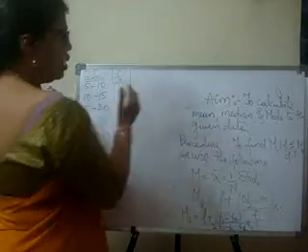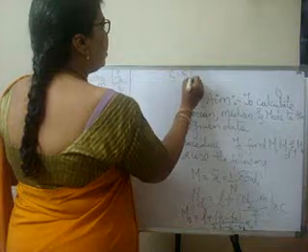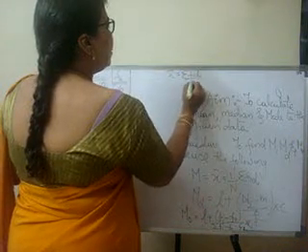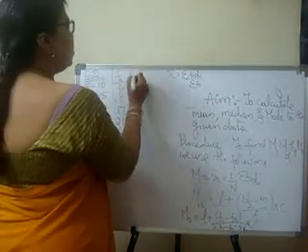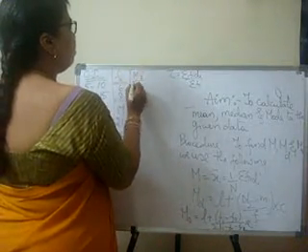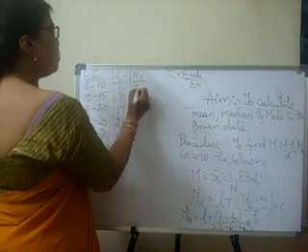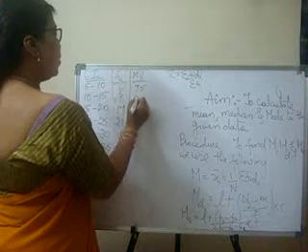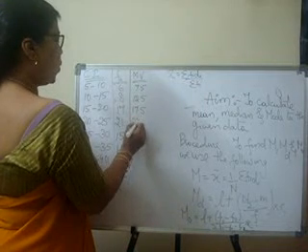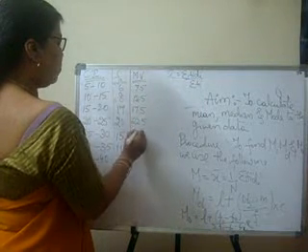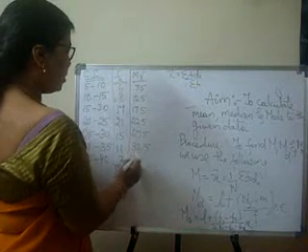First we will take the formula for mean. Mean is equal to summation Fi Di by summation Fi. So what are the middle values? 5 plus 10 is 15, 15 divided by 2 is 7.5, then 12.5, 17.5, 22.5, 27.5, 32.5, 37.5.